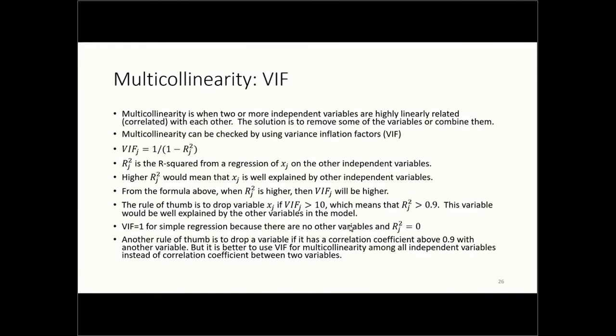So now let's talk about a related concept, which is multicollinearity. This is not the perfect collinearity where it's an exact relationship, but a relationship between two or more independent variables that are highly linearly related or correlated with each other.